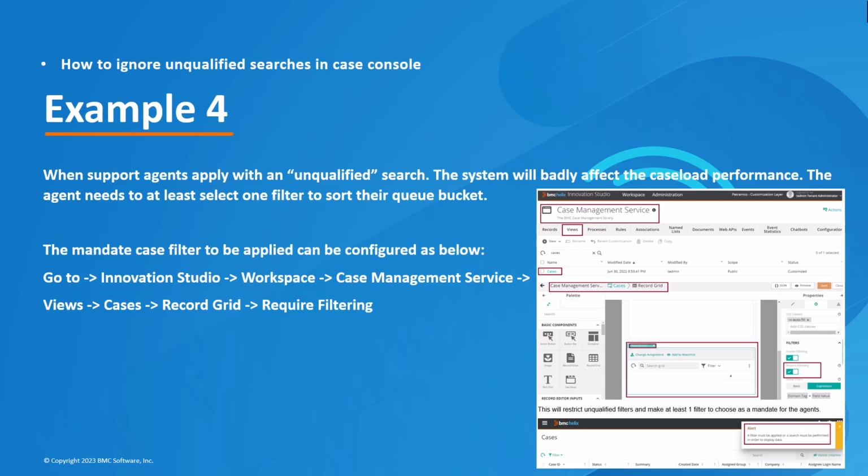For this, as an admin called tenant admin, log into the Innovation Studio workspace and you should give some restriction to the support agent so that the support agent should always select one or more filters in the BWF case console.